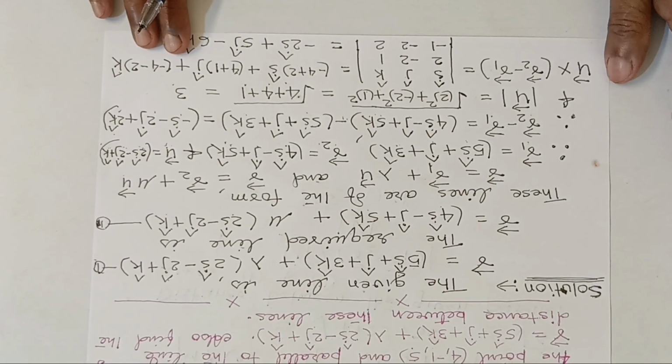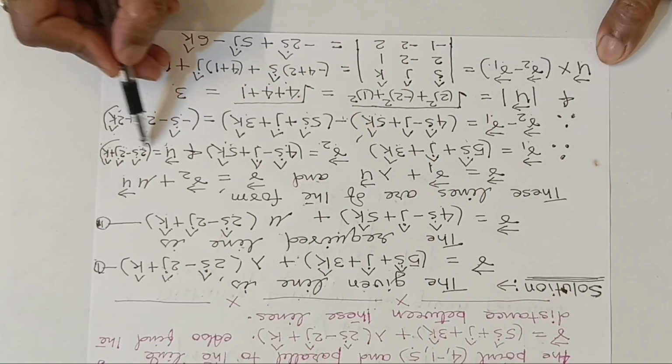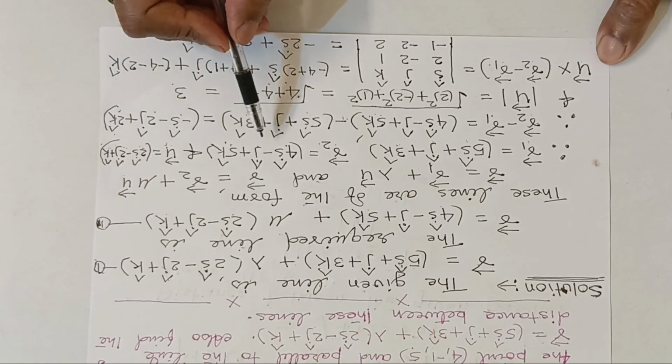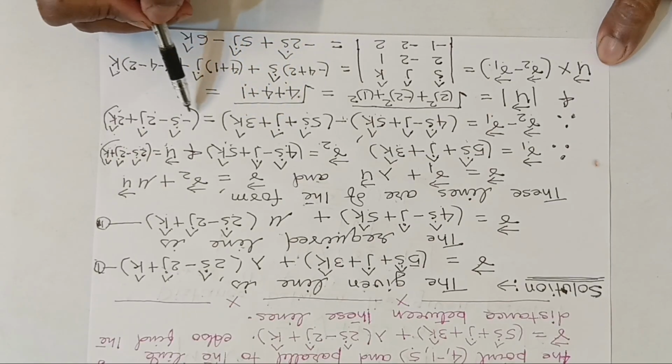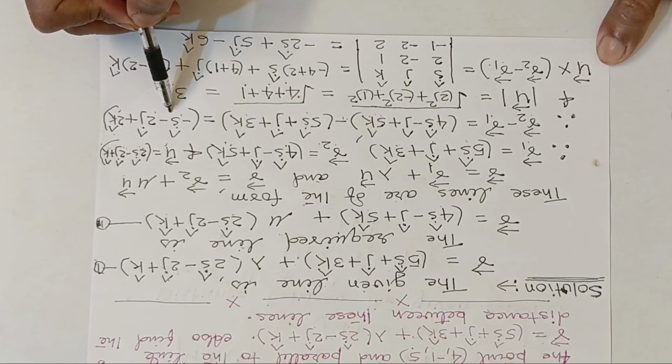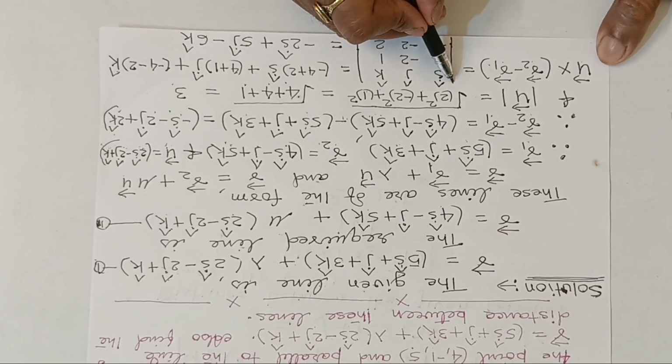And here, vector u cross vector r2 minus vector r1 is in determinant form.